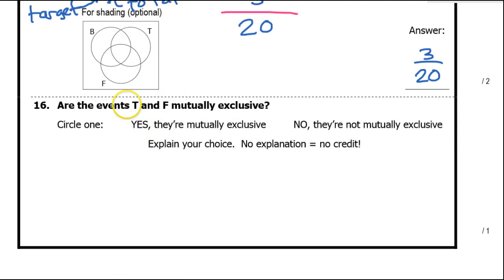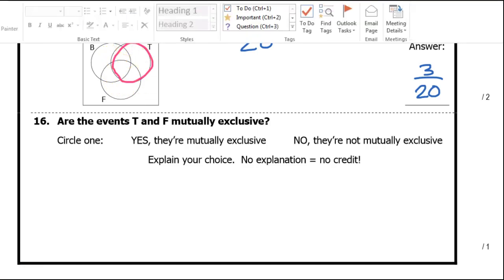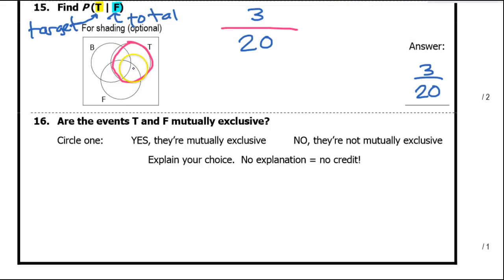So these sets obviously are not mutually exclusive. You can see that F and T are overlapping. Here's set T right here, and here's set F right here, and you can see that those are overlapping.